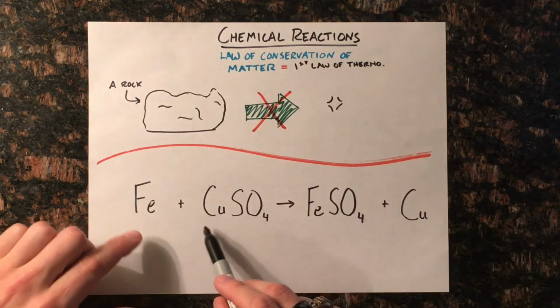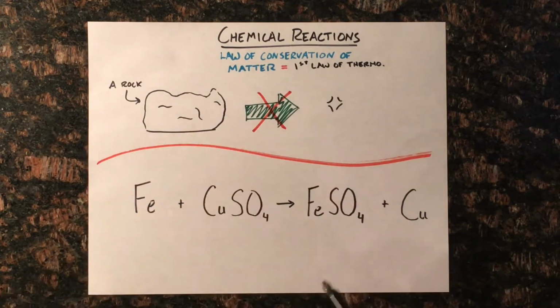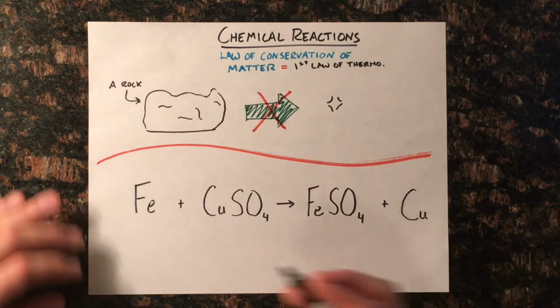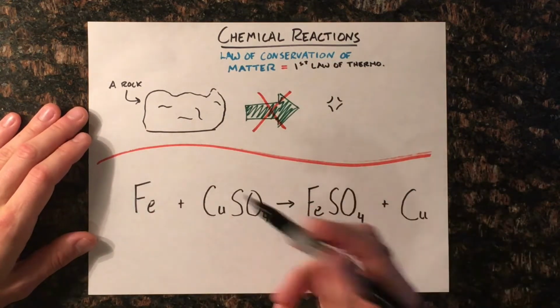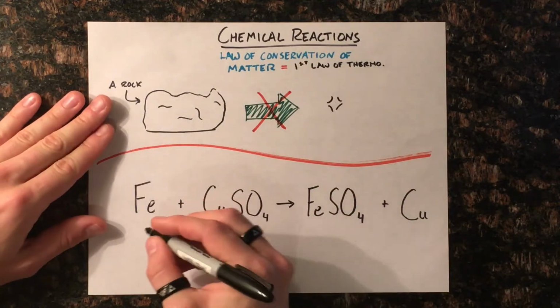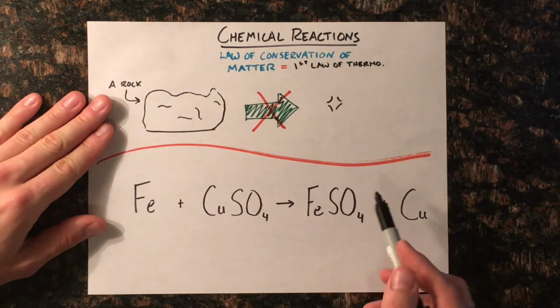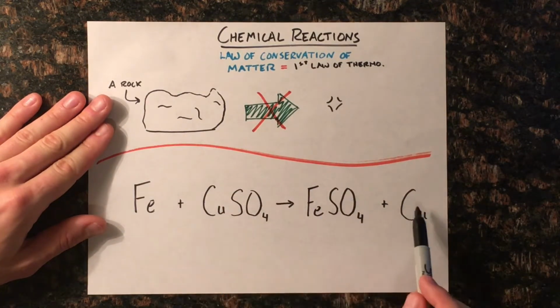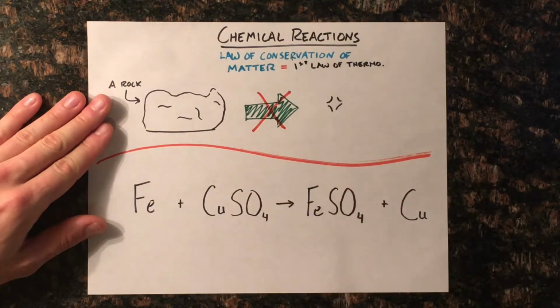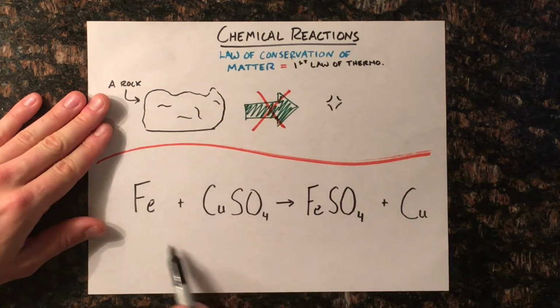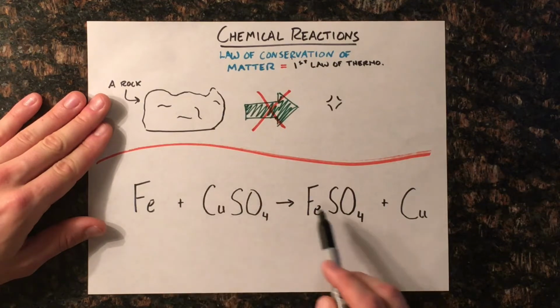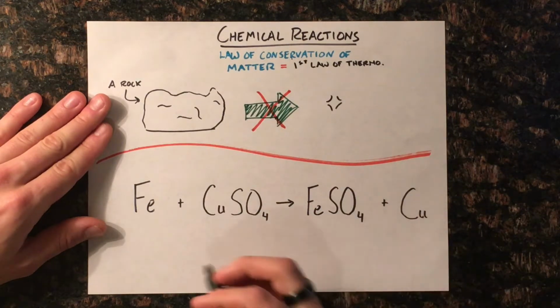So you can see that these switched places. It's called a single replacement. We'll talk about that later. But how does this apply to the law of conservation of matter? Well, if this reaction is true and it adheres to the law of conservation of matter, we should have the same amounts of matter on this side as we do on this side of the equation.